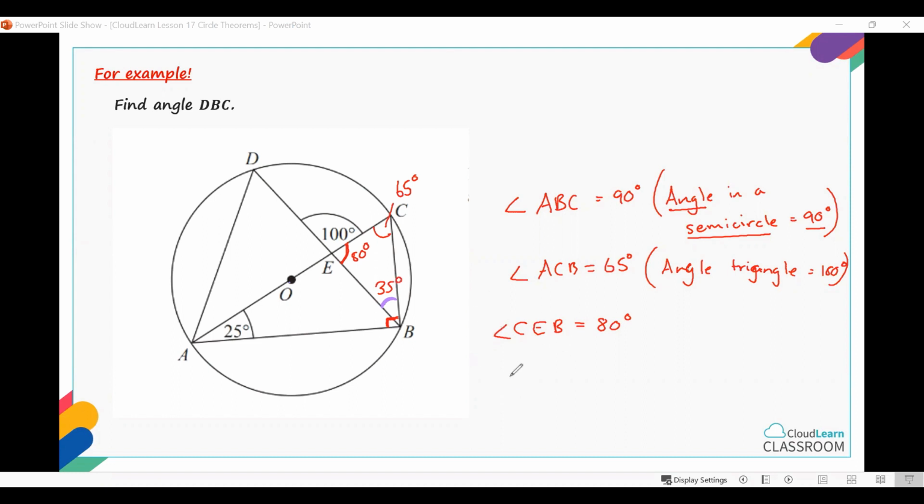And that again, so that would be angle DBC is 35, and again you've written angle in a triangle as equal to 180, so that's done. So a lot of work there to get that angle you needed, but hopefully you're starting to see how these circle theorems questions work. You have to work your way through as many angles as you can to get there, and you will get there eventually.